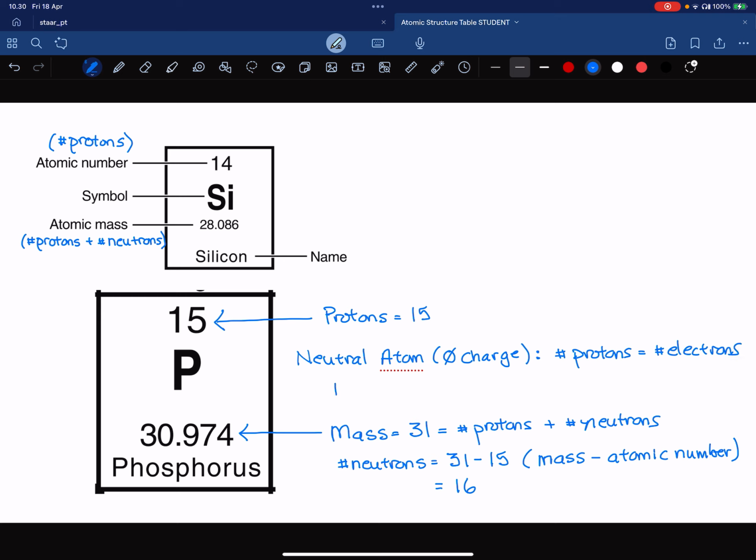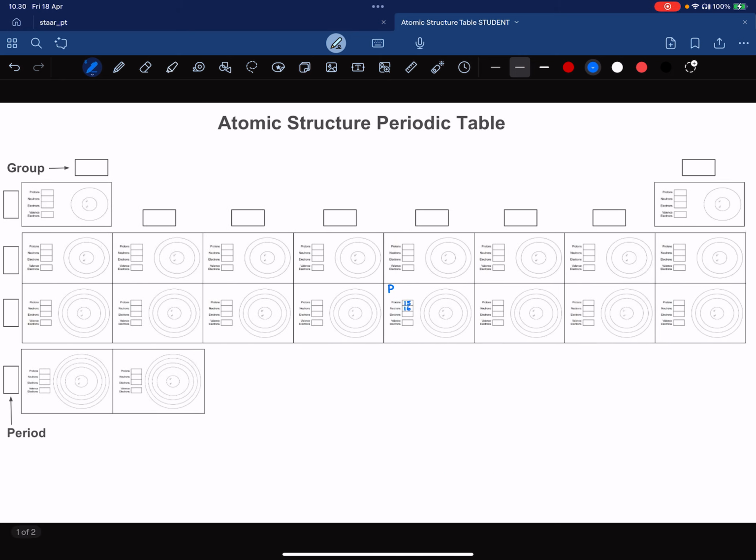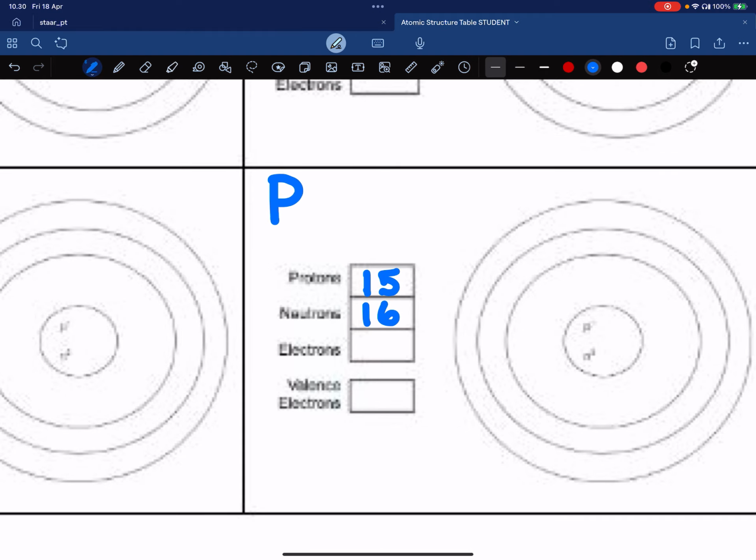So in this case, we have the 15 protons. We're going to have 15 electrons. And let's put those in there. So electrons, 15.